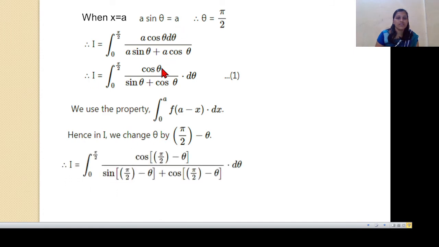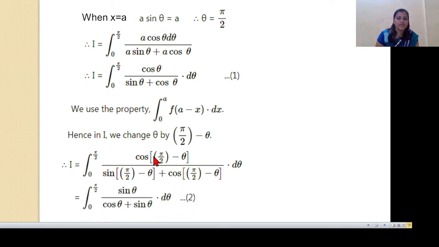So after replacing theta with pi by 2 minus theta, we get I is equal to the integral from 0 to pi by 2 of cos. Instead of theta, we have written pi by 2 minus theta in three places, here also, and here also.